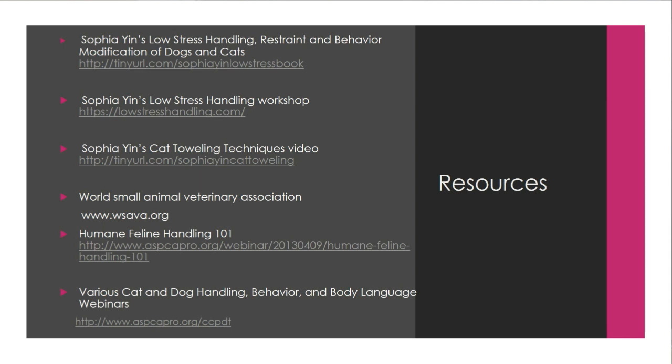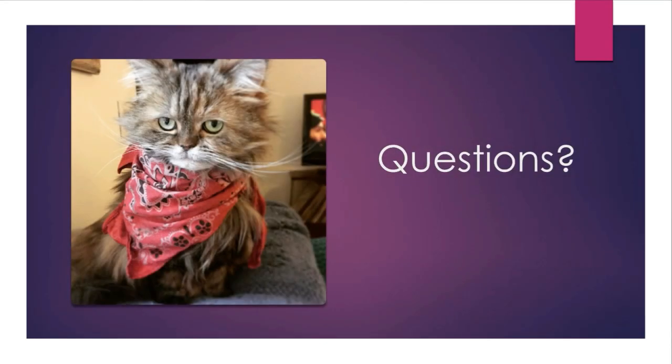And even at the ASPCA, if you go to ASPCA Pro, we have a whole behavioral department where they put up a ton of resources for hospital staff and for owners. But any questions that you had that I didn't answer, we can answer after the next lecture.